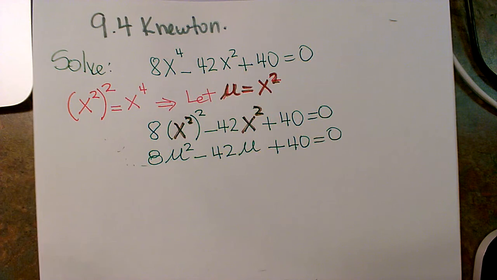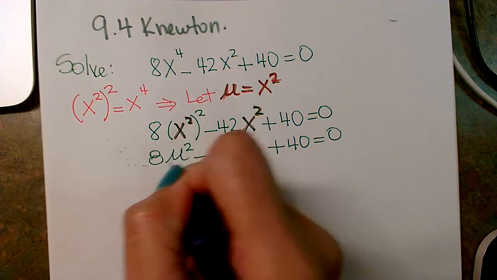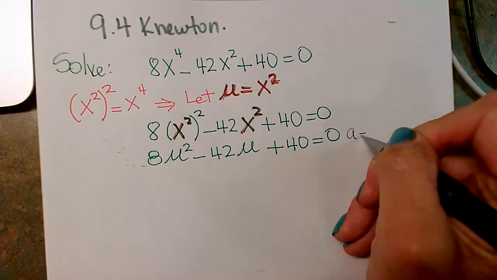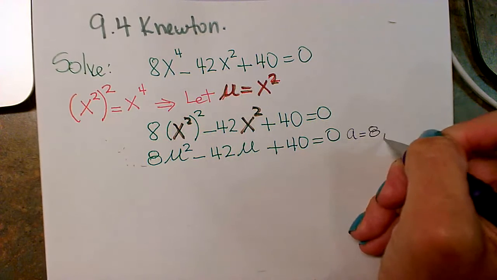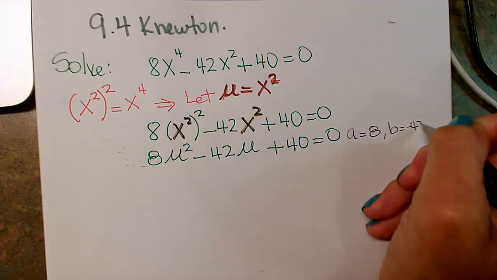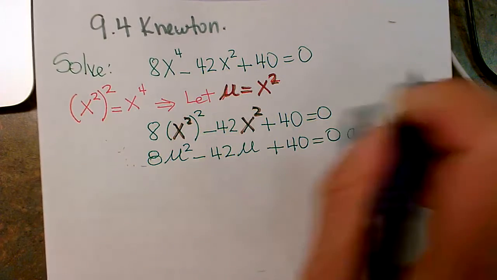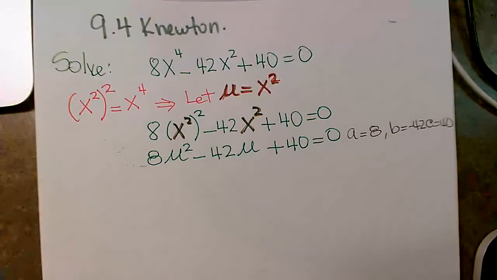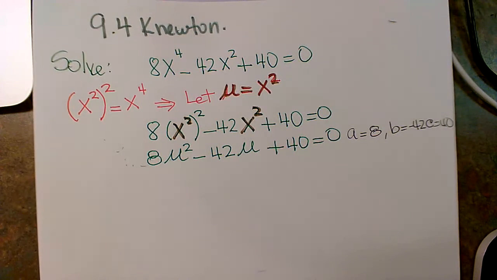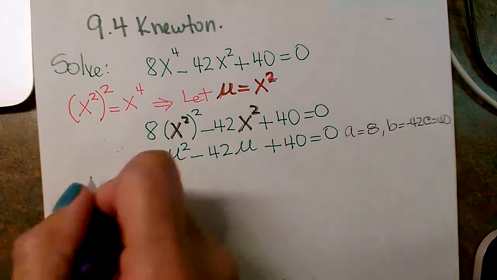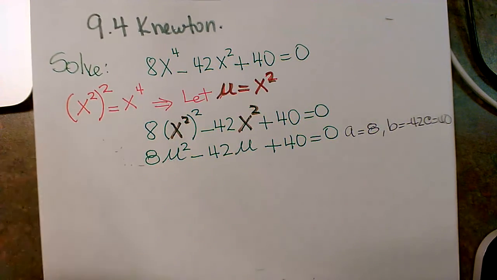Because I need to factor it. Okay, so we have A is 8, B is negative 42, and C is 40. Okay, so you guys are gonna help me on this one. So what do I have?